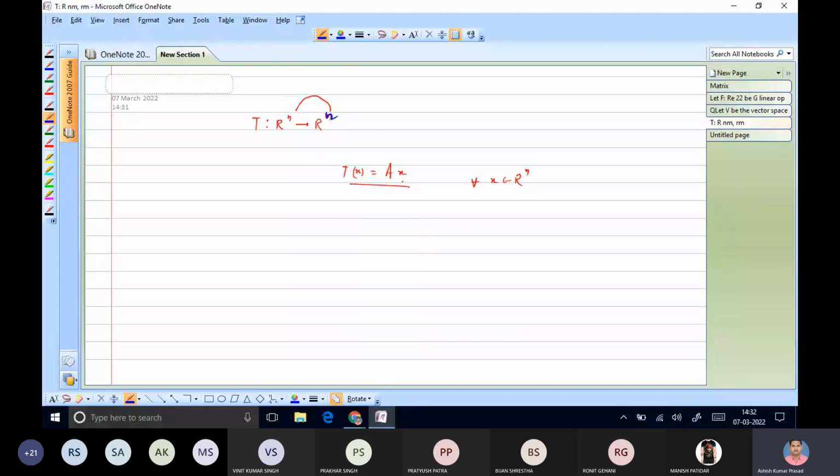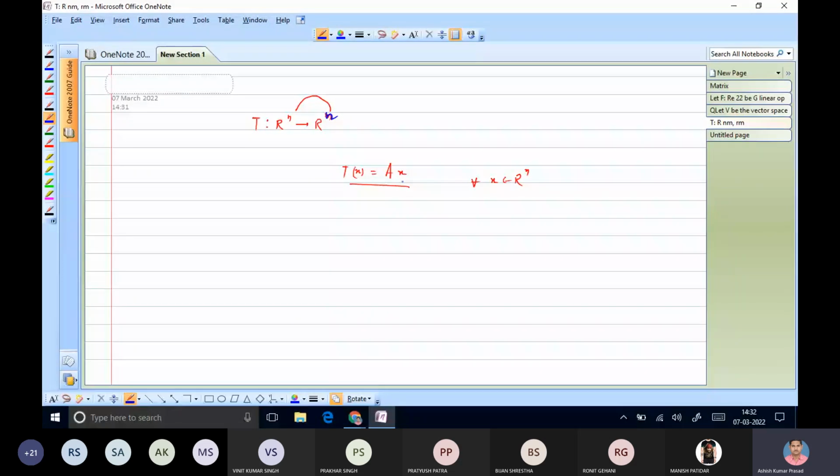Because we are talking about a linear operator, the domain and codomain should be the same. So from here, you can see a matrix can also be viewed as a linear operator, and hence it has a matrix representation.